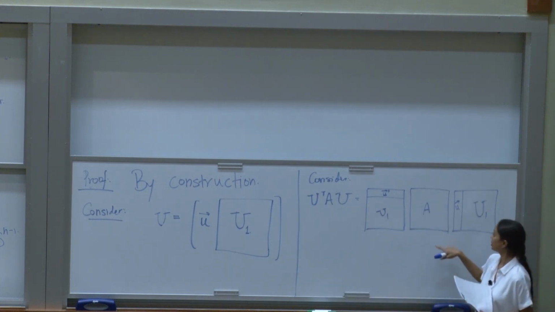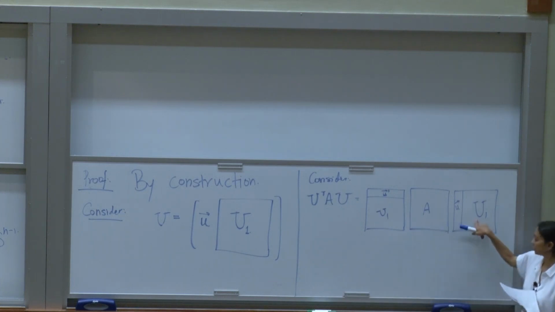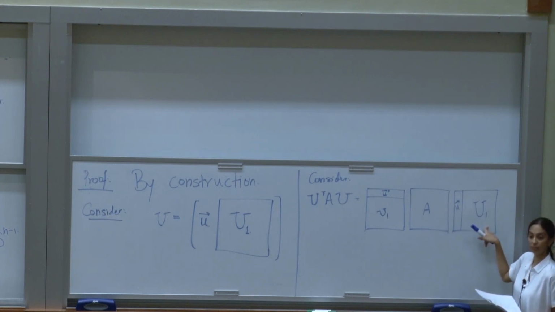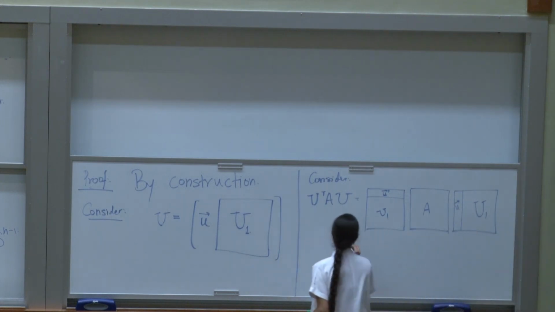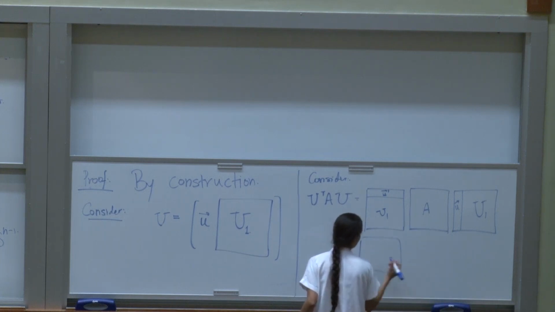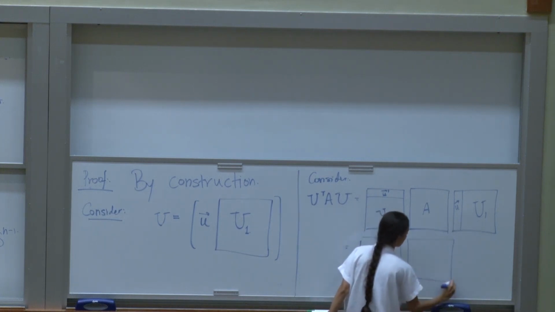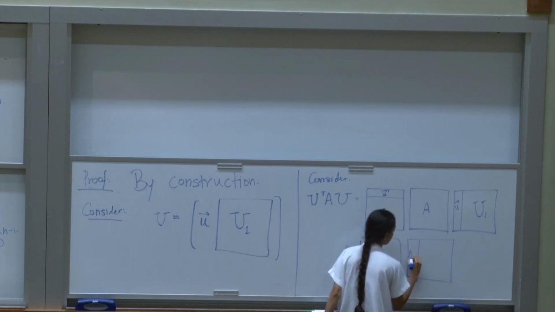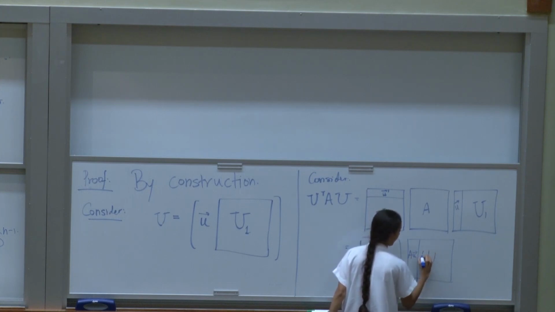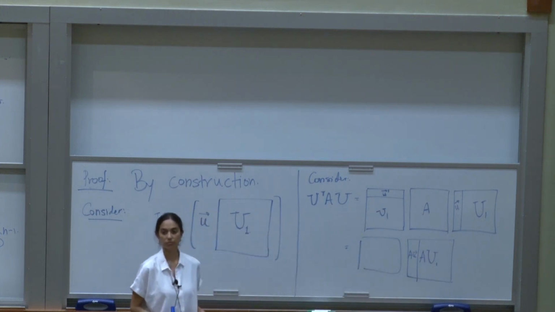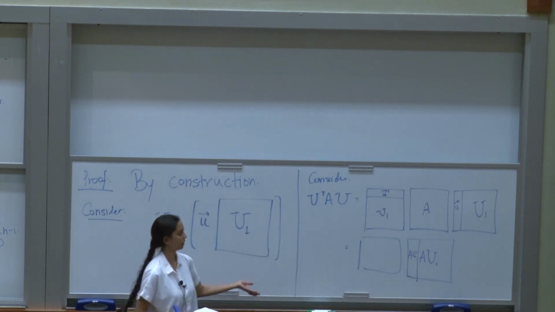So now if I think about A times this thing, this is a matrix A, and this is a bunch of column vectors. So what is this going to be equal to? A times this is going to give me the first column, which is A times u, and then I'm going to have A times U1. Just doing matrix vector multiplication, nothing fancy.